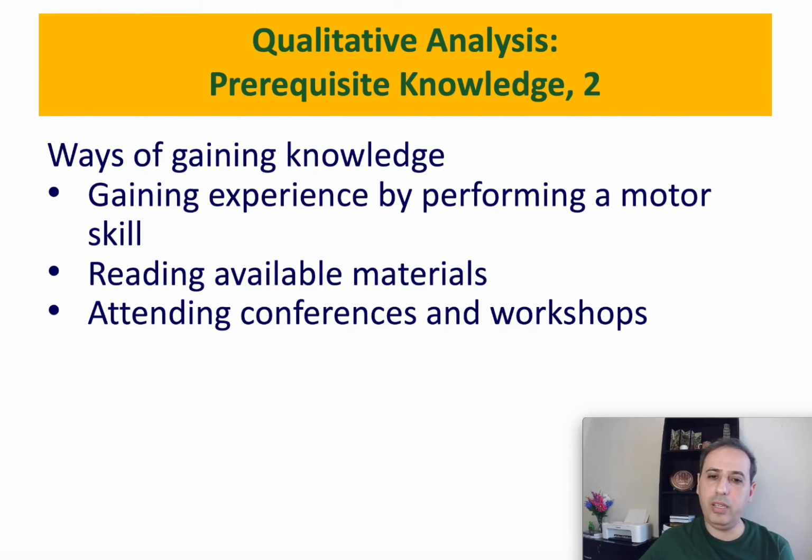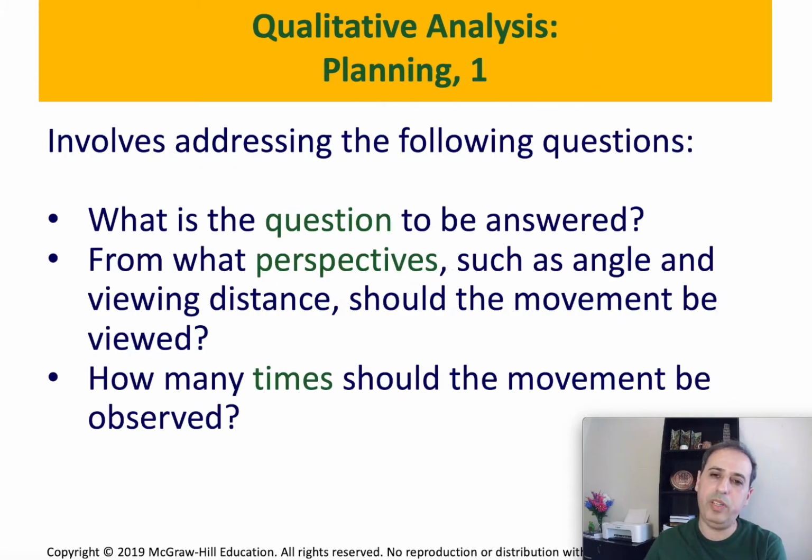You gain experience by performing the motor task, being a player yourself, or reading available material, textbooks, and attending conferences and workshops. This is the only way that you can learn the terminology and the language and be able to do some meaningful qualitative analysis. If we want to do the first step, which is planning this analysis, you need to see what is the question to be answered.